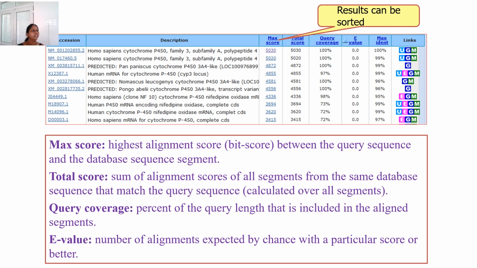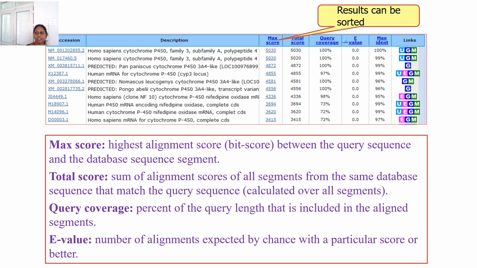Please remember that E stands for expected value, and it should always be less. It means you got some alignment; what is the expected chance of getting a better alignment than what you got? That should always be less. For an optimal alignment, the E-value will always be less.